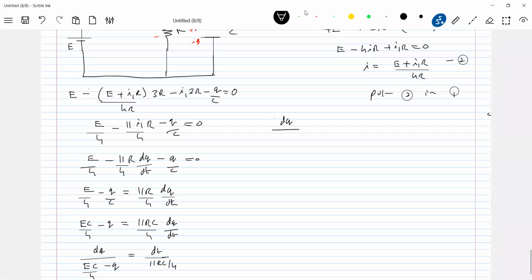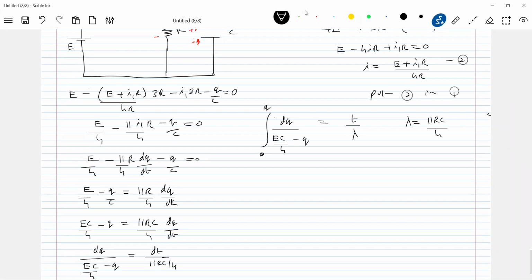So integrating this, 0 to Q, t by lambda, where lambda is the time constant. A little bit different it came. It was RC, no? Now it will be 11RC by 4.